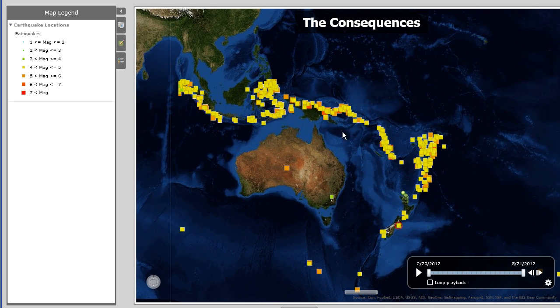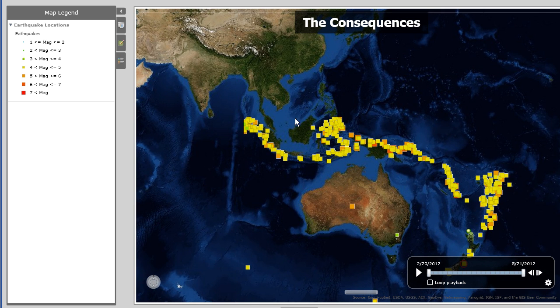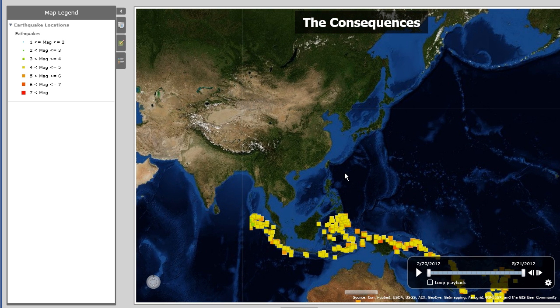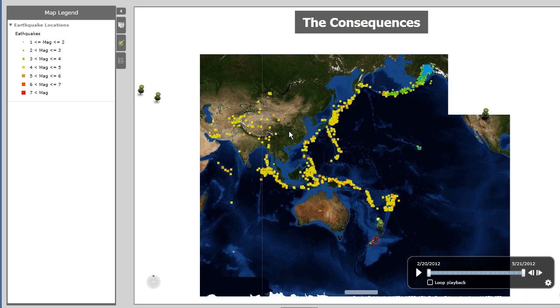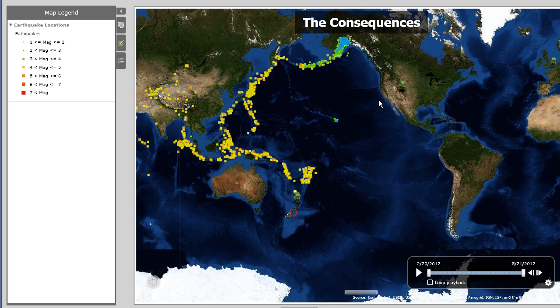I can see that north of New Zealand, wow, look at that, in Southeast Asia and beyond. I'm pulling in this live earthquake feed from the last 3 months into ArcGIS Online. Now I can really see the ring of fire as it's starting to draw those earthquake epicenters.